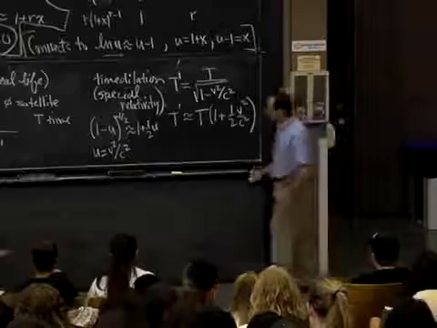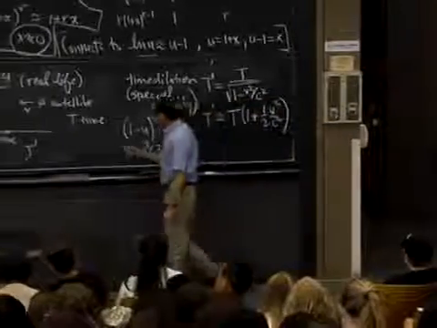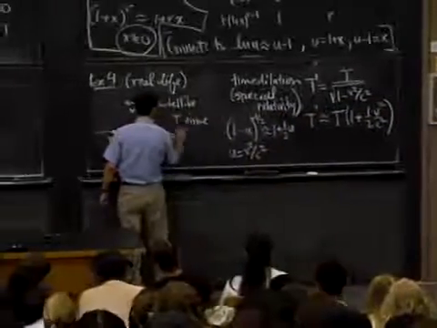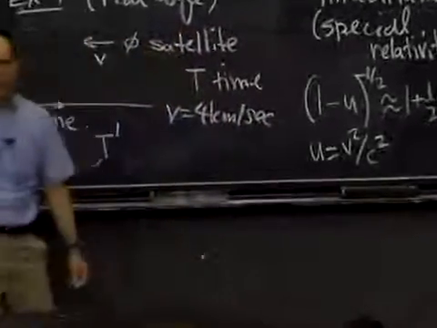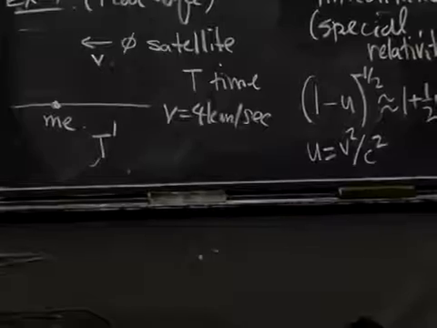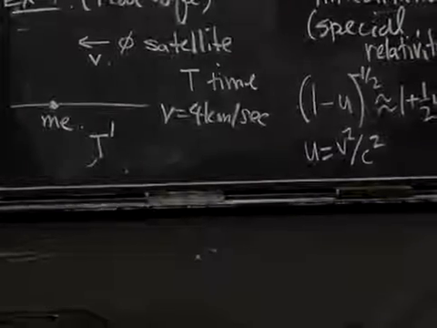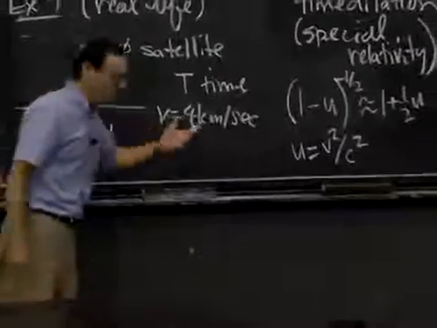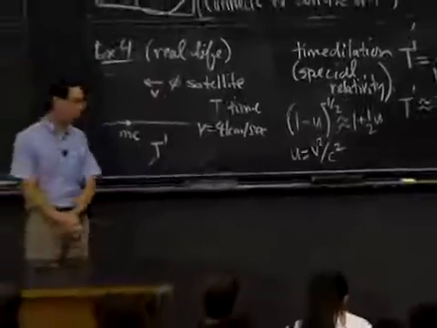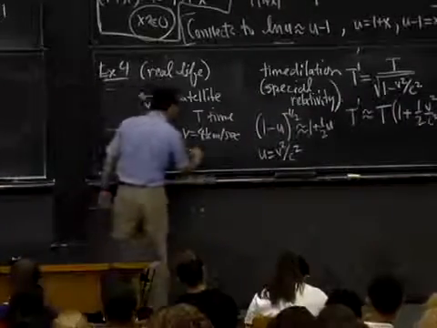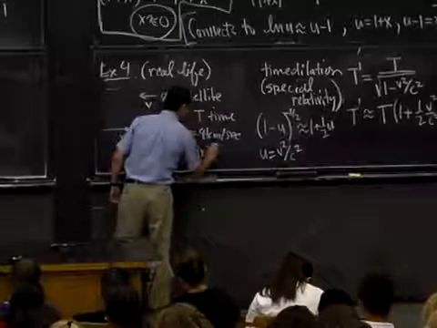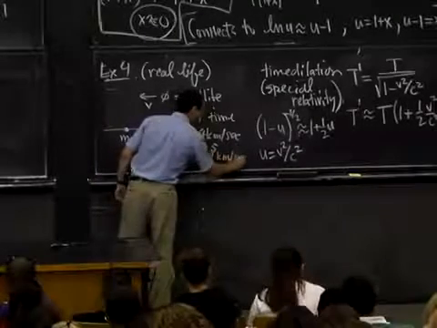In this case, v is about 4 kilometers per second. That's how fast the GPS satellites actually go. In fact, they had to decide to put them at a certain altitude, and they could have tweaked this if they had put them at different places. The speed of light is 3 times 10 to the 5th kilometers per second.